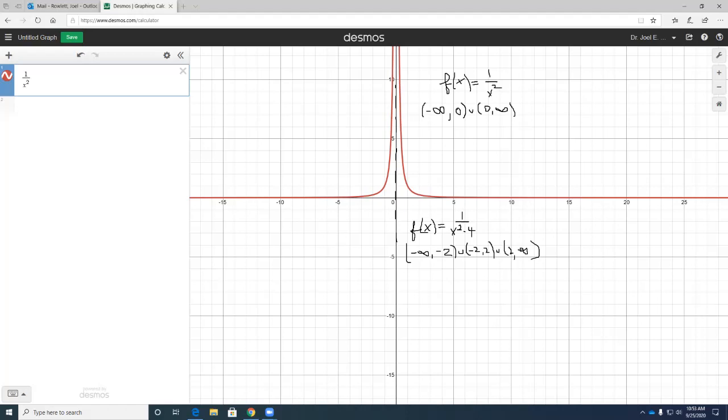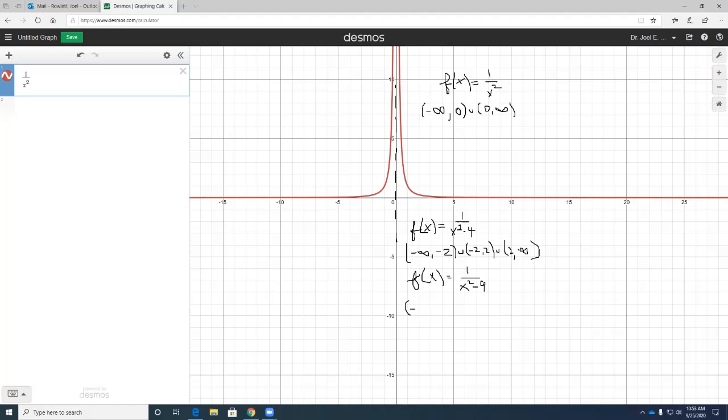What if we go back to the problem where we had f of x is equal to 1 over x squared minus, I think it was 9. That's the one I meant to do, and for some reason I did the 4. So let's do x squared minus 9 in the denominator. And remember, we said that x could not be -3 and x could not be +3. So we could say all real numbers except for -3 and +3.